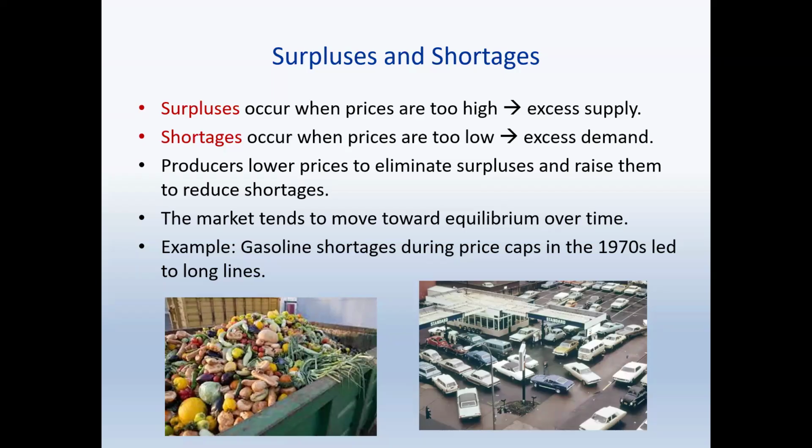On the other hand, at the bottom right, we see an example of a shortage. This is a picture from the 1970s where there was a large shortage of gasoline.